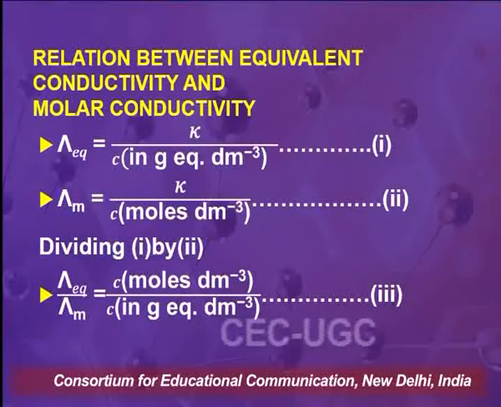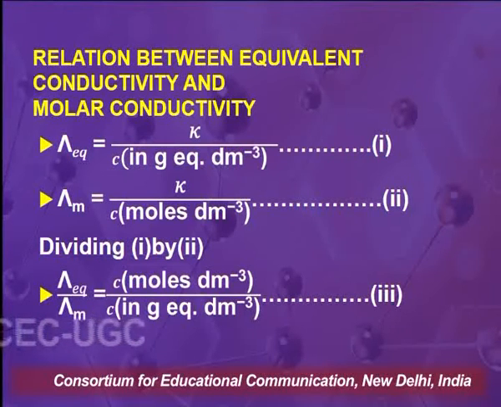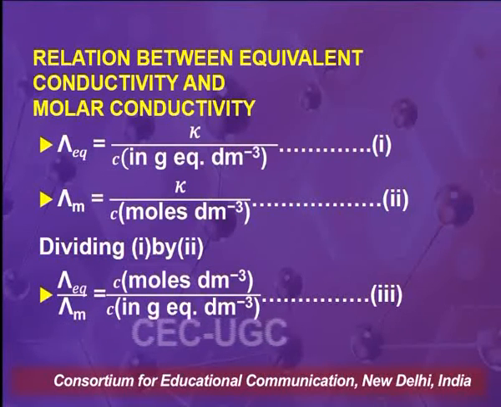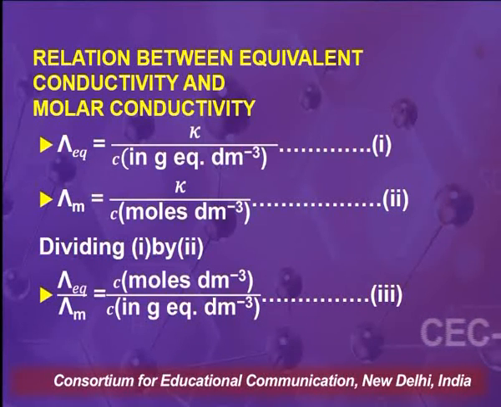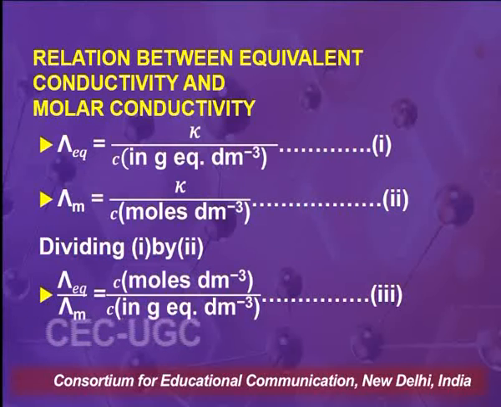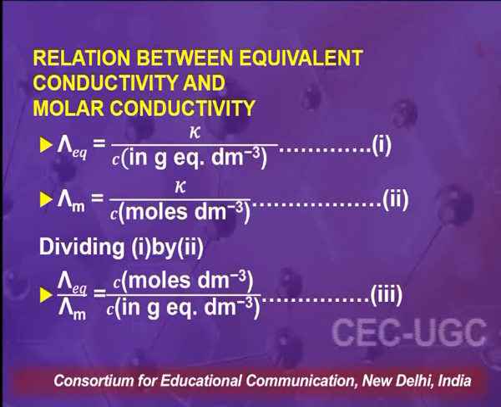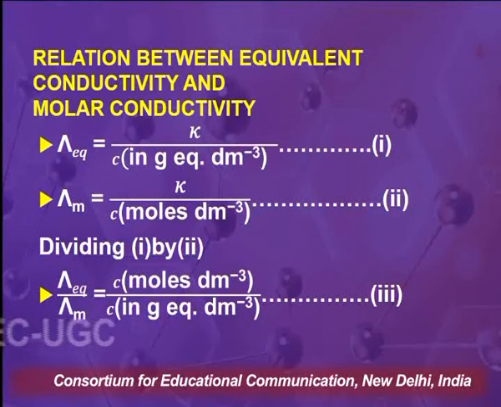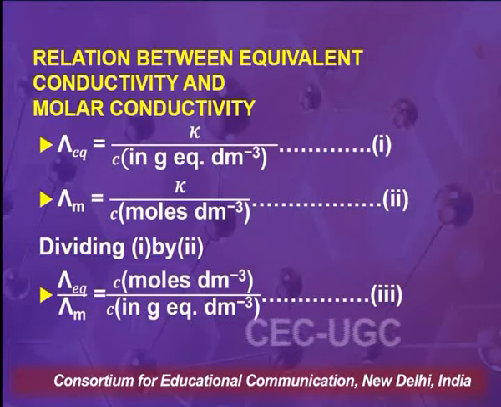Coming to the relation between the equivalent conductivity and molar conductivity, lambda equivalent is equal to kappa by C in gram equivalents per liter. Lambda m is equal to kappa by C in moles per liter. Dividing 1 by 2, we get lambda equivalent by lambda m is equal to C in moles per decimeter cube divided by C in gram equivalents per decimeter cube.